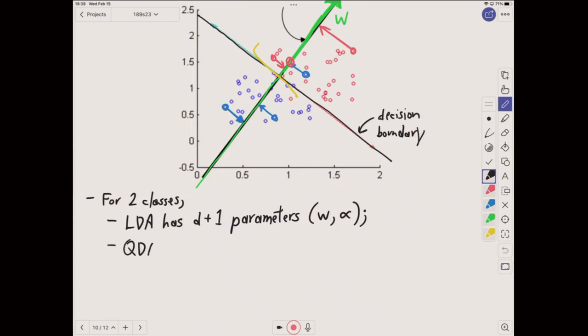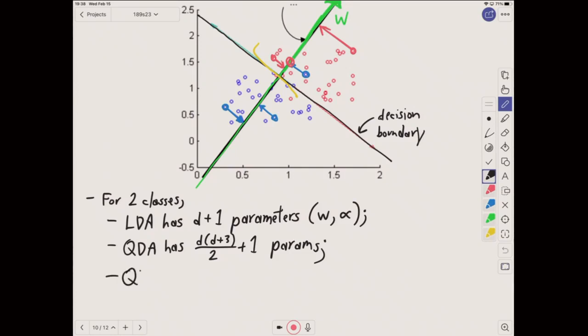QDA has this quadratic term, and the quadratic term adds a quadratic number of parameters because you have all the cross terms. If you work it out, it comes out to this many parameters. The important point is not exactly how many that is, but the fact that it's order D squared if you have D features.